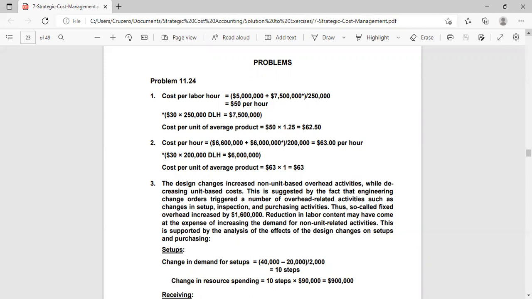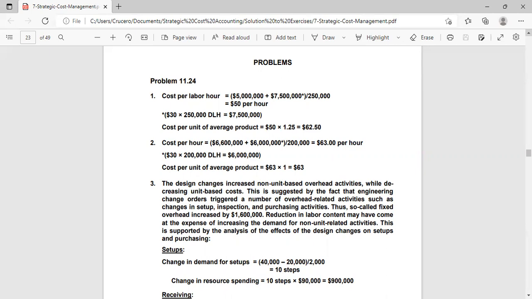Using normal volume, compute the manufacturing cost per labor hour before the year of design changes. What's the cost per unit of an average product? So we have the cost per labor hour equal to 5 million plus 7.5 million, which is computed by multiplying 30 by 250,000 direct labor hours.